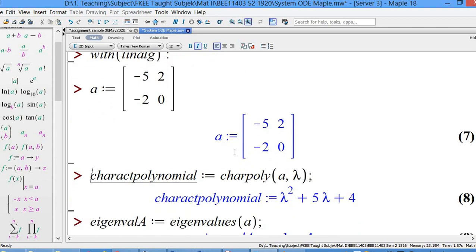And then the characteristic polynomial is actually, okay, remember how we get this one?